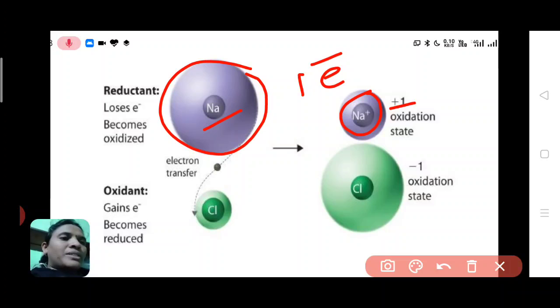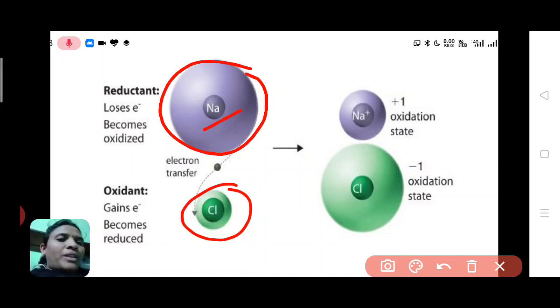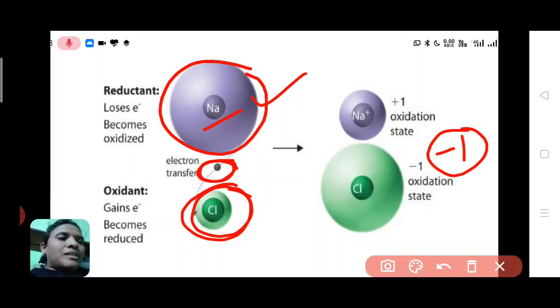So +1 is its oxidation state after losing one electron. Then consider this chlorine atom. When it acquires this electron from another atom, say from sodium, the chlorine atom acquires a -1 charge. So -1 is the oxidation state of chlorine.